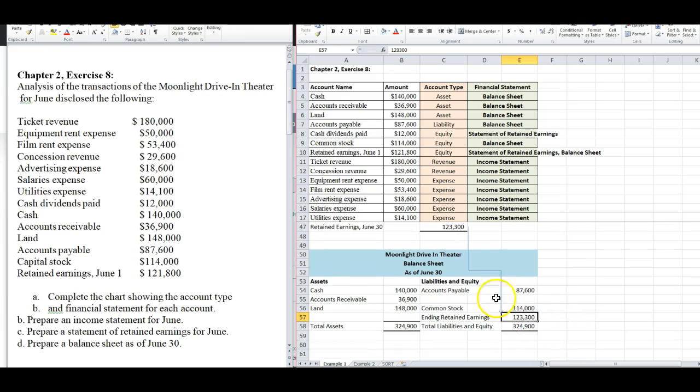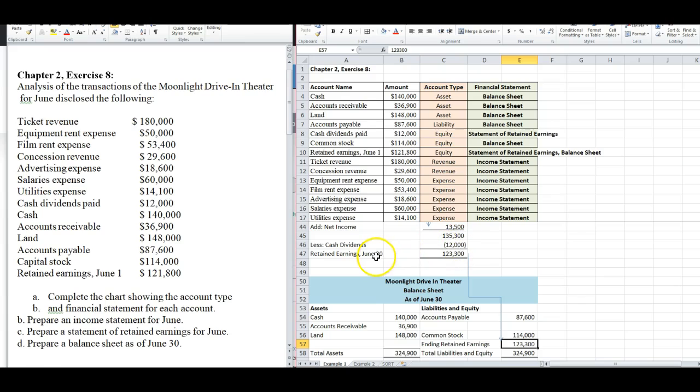And then we have the ending retained earnings, which we calculated from the statement of retained earnings, and that gives us the balance to the balance sheet. Remember, our accounting equation is assets equal liabilities plus equity. Those balances must agree.